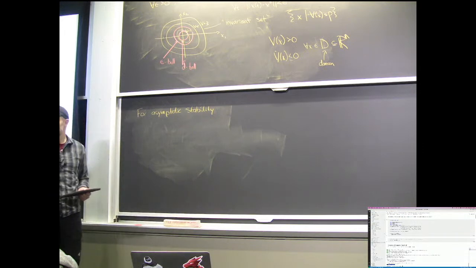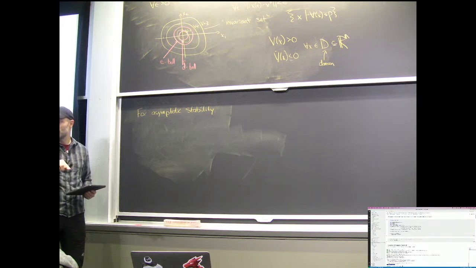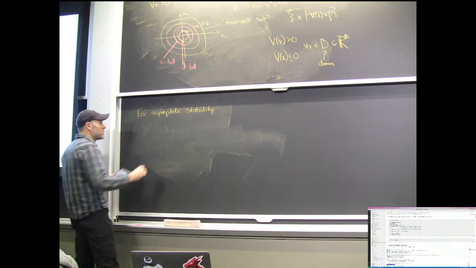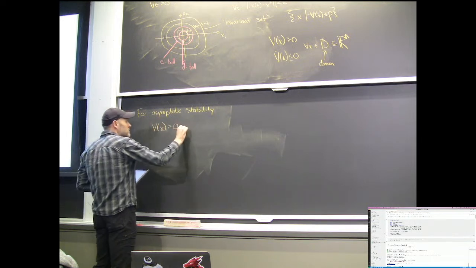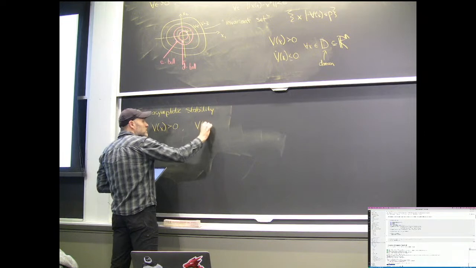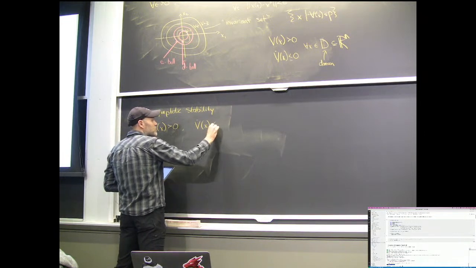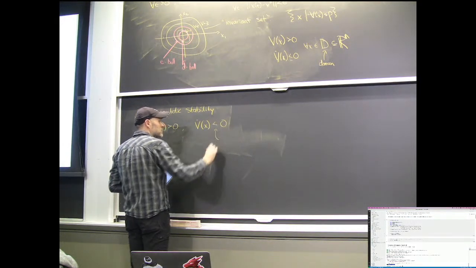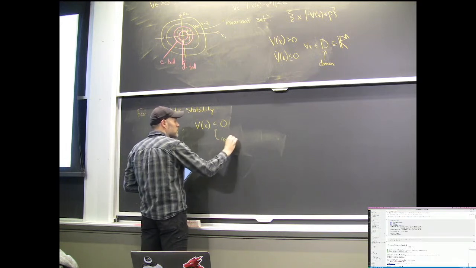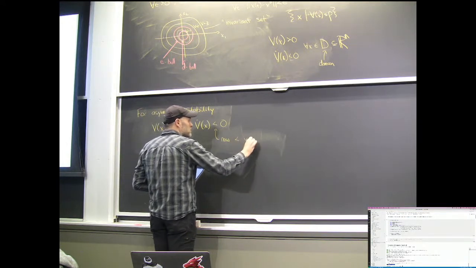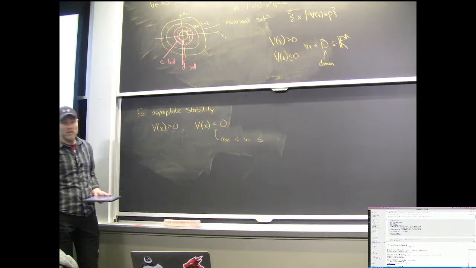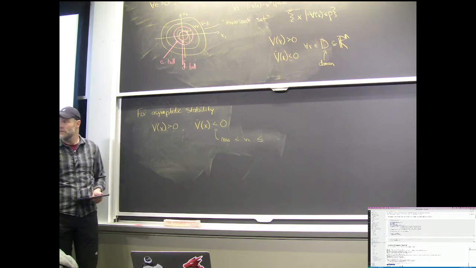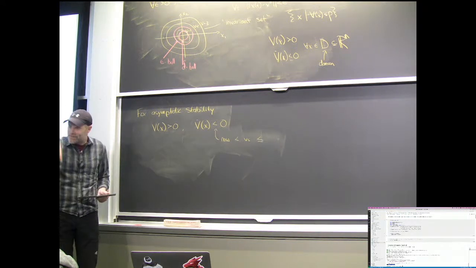Asymptotic stability says not only that I'm going to stay near the fixed point, but I'm actually going to get to the fixed point as time goes to infinity. So it turns out the conditions are almost the same. It's just that V dot of x is strictly less than 0. The conditions before for Lyapunov stability were just that it had to be less than or equal to 0. But now I'm saying I actually have to be going downhill.